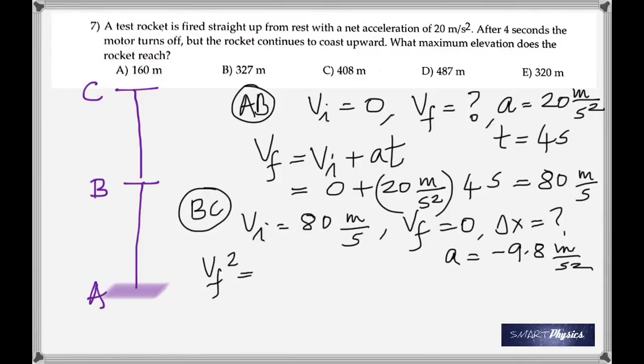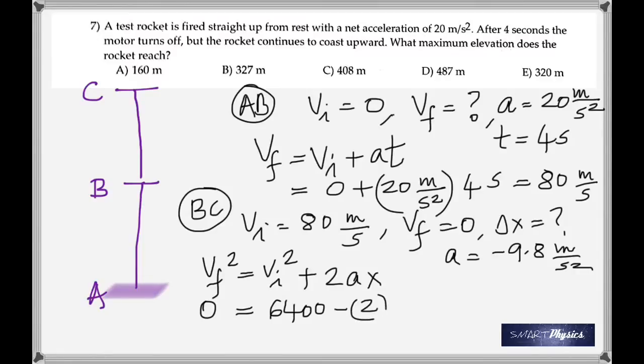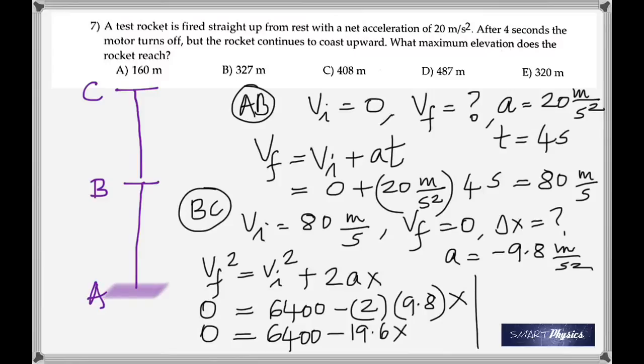Again, use the equation Vf squared is equal to Vi squared plus 2a delta x. And calculate x. And that's going to be 6400 divided by 19.6 when you switch both sides.